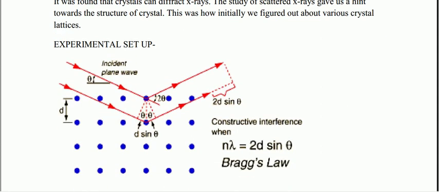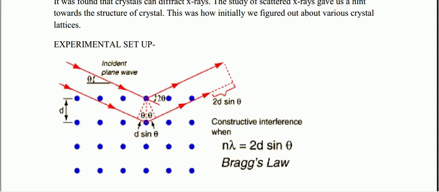So we have crystals. You see these blue points. These blue points are nothing but atoms which are arranged in a periodic manner. So this is a 2D crystal. Although the experiment was done with 3D, the explanation can also be given by using 2D. What happens here is, you see the red lines.